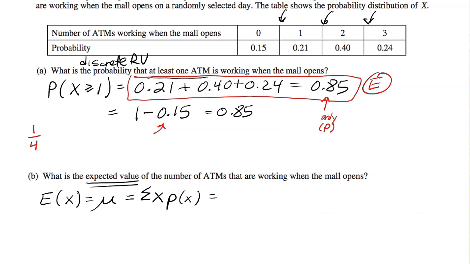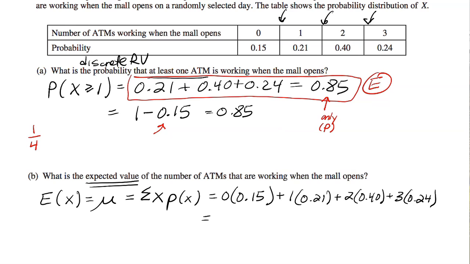So in this context, we'd have 0 times 0.15 plus 1 times 0.21 plus 2 times 0.40 plus 3 times 0.24. And adding those up, we get 1.73 ATMs that would be working when the mall opens.